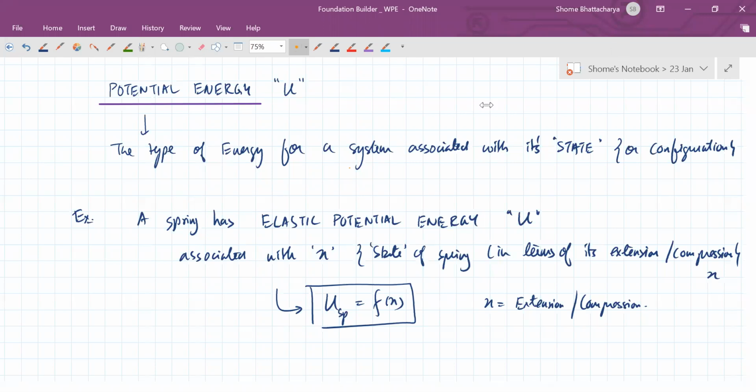Yeah, Ayush, virtually there are infinite different types of potential energy, but some of the common ones that we will be studying during our 10+2 syllabus will be elastic potential energy, gravitational potential energy, electrostatic potential energy. As we go along now, we'll see that there is a very strong connection between conservative force and potential energy, and that is what we'll discuss very soon.